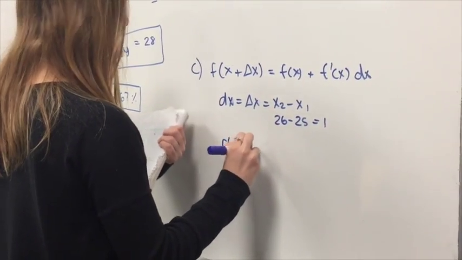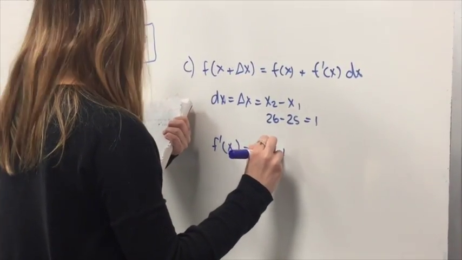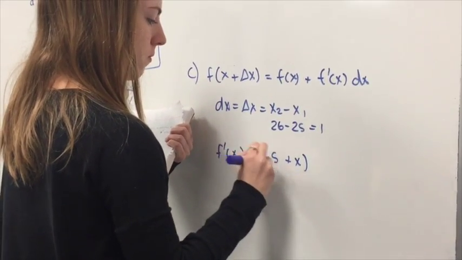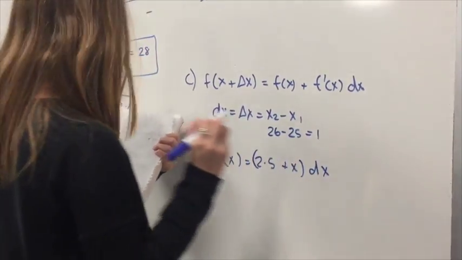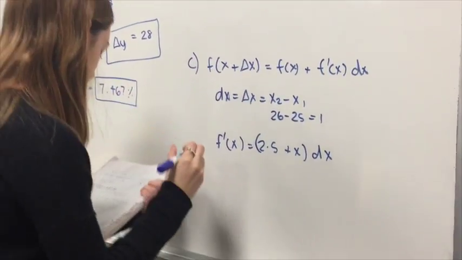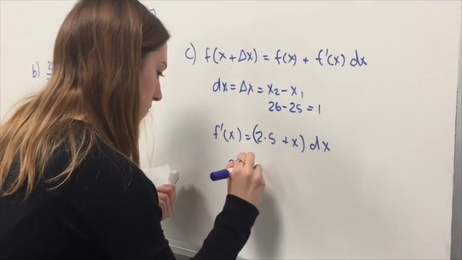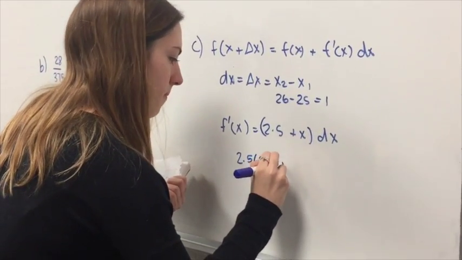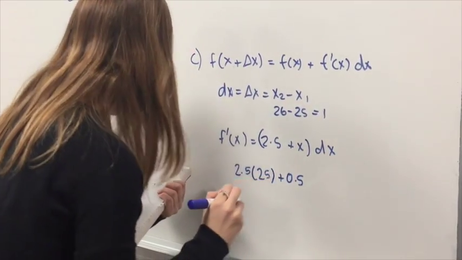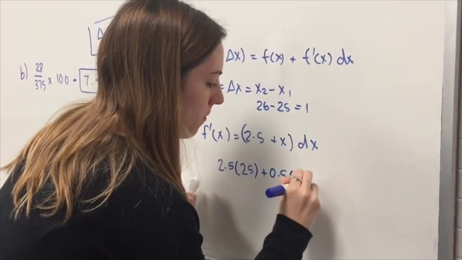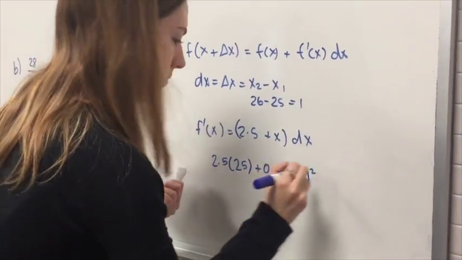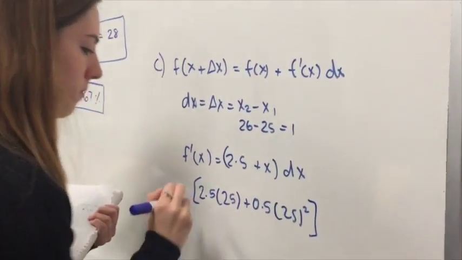We then need to get the derivative. We get the derivative of the original equation, which is 2.5 plus x. We then need to multiply 2.5 times the 25 plus 0.5 times 25 to the second power.